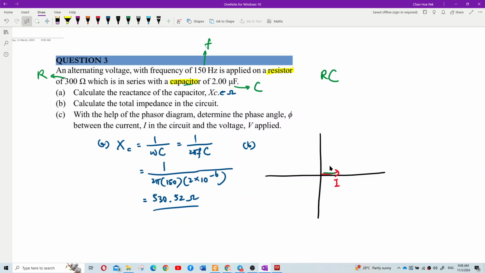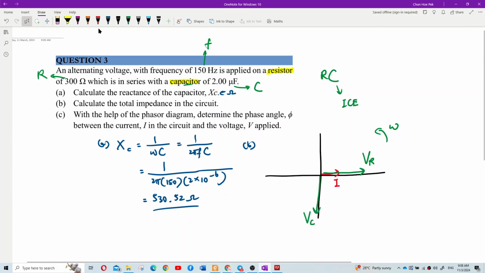VR is in phase, right? Then the capacitor is ICE, so that means current leading, right? Current leading, and rotation is anti-clockwise. So VC is below, class. Because the current is ahead of VC by 90 degrees.